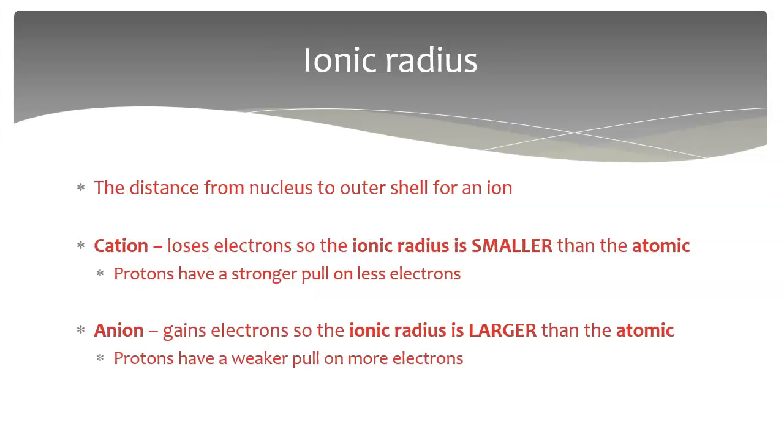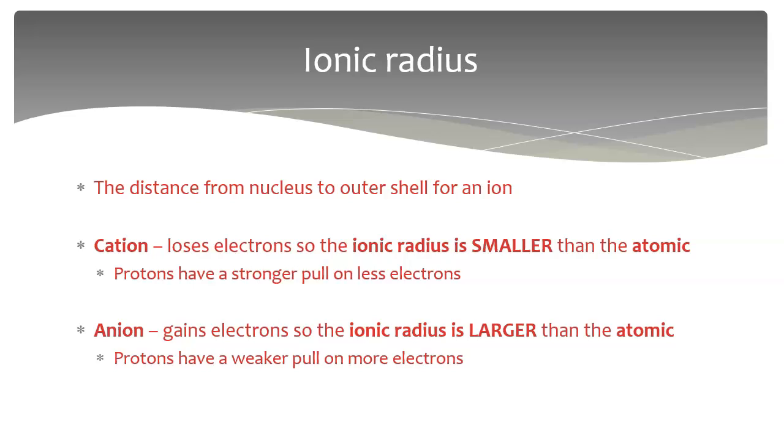Alright, so when we talk about radius, we can also look at the ionic radius. For an ion, this would be the distance from the nucleus to the outer shell. Consider whether the atom is becoming positive or negative. So if it is becoming a positive cation, then it will lose electrons. So this means that it might lose that outermost energy level, so the ionic radius is going to be smaller than the atomic radius.